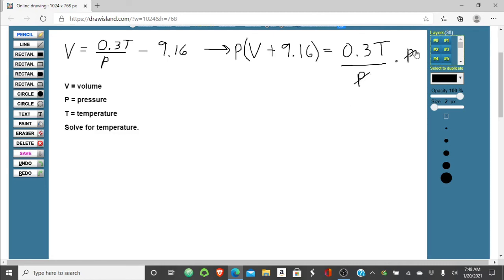These will cancel. And so now I've got 0.3 T equals P times V plus 9.16.